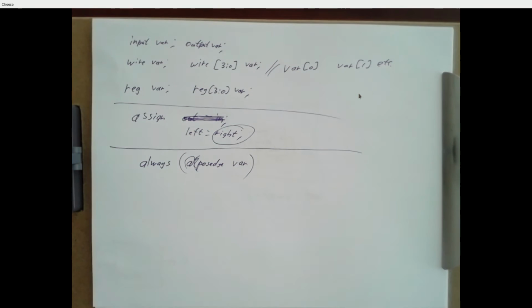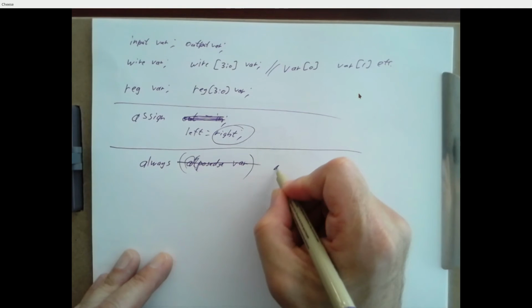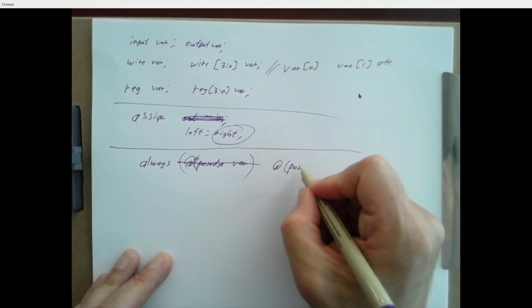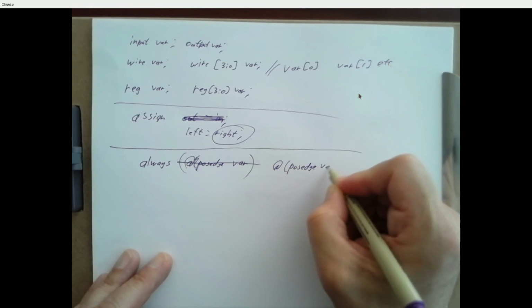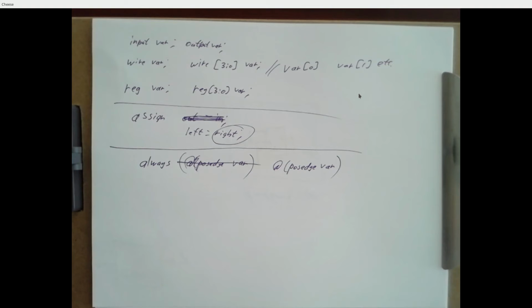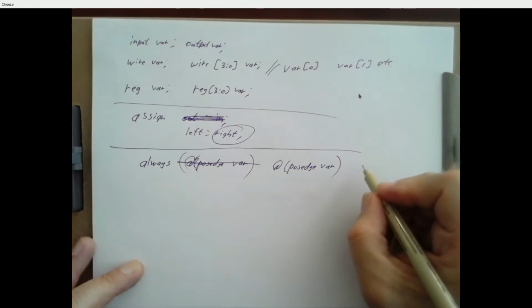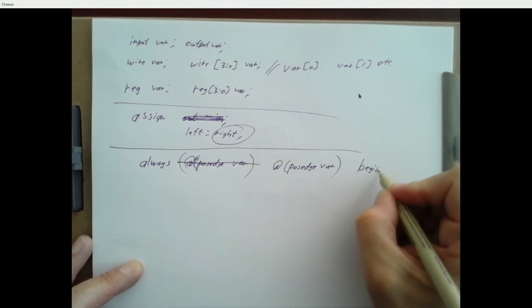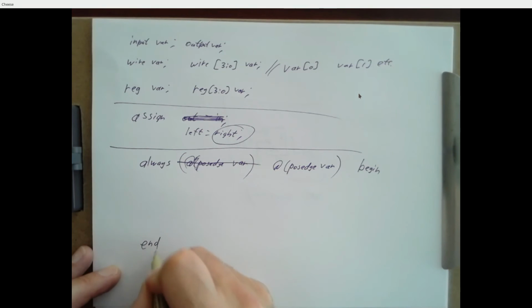I gotta double check my parentheses because it's hard to write it. It's easier to type it. So always at posedge some variable name. Never mind. Should be like this. Begin. And eventually end.